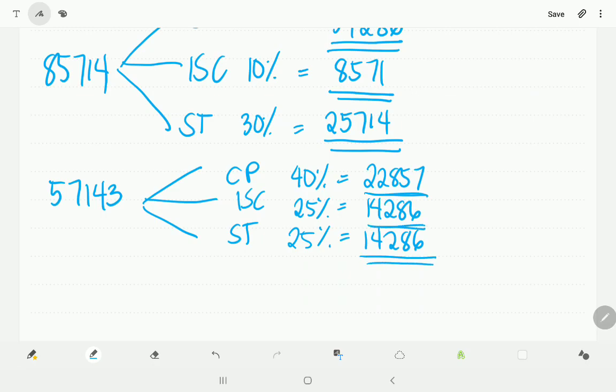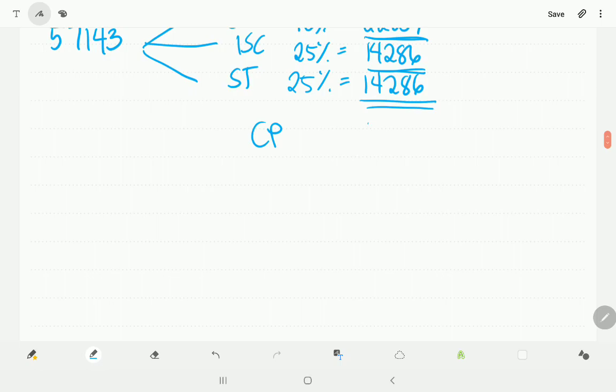Now, you might want to compute the total cost of each production department. Same process: we have Computer Programming, Information Systems Consulting, and Software Training.